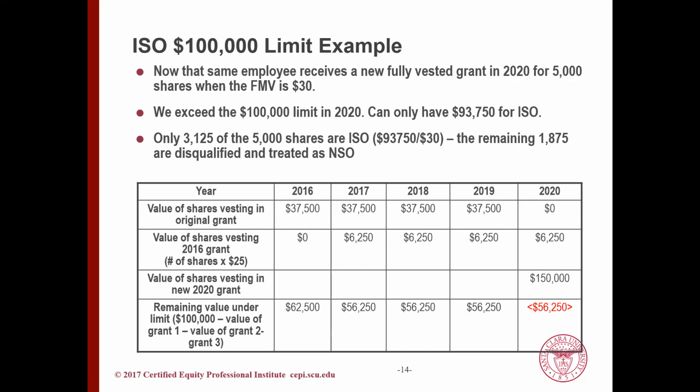So the rest of that grant, 1,875 of the new 5,000 share grant, has to be non-qualified stock option treatment. Or the company could have the 1,875 shares vest the following year in 2021 to keep the ISO status.